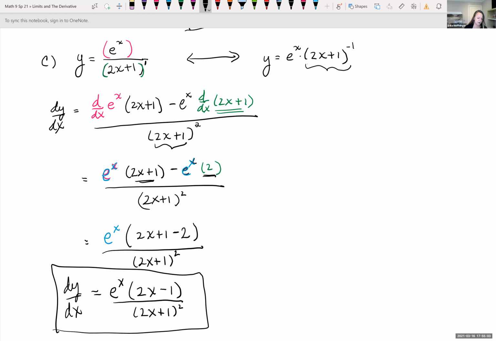Okay, so there was a great question about our denominator, how with the quotient rule we're squaring the denominator. I noticed that I did not distribute out 2x plus 1 times 2x plus 1. That would just make things a little more complicated in the future when we are trying to find out when our derivative is equal to 0 or where it's undefined.